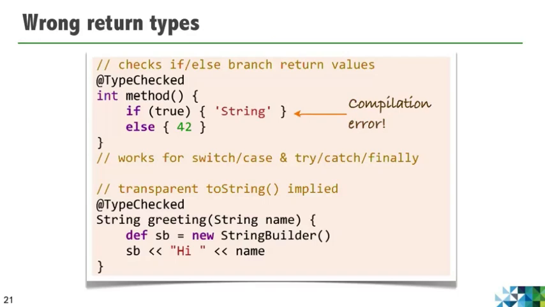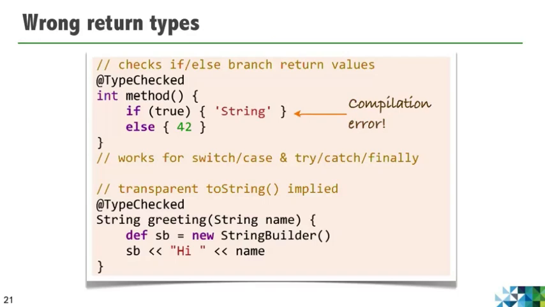But on the other hand, for some Groovy code that is quite usual, for example the second method called greeting, you see I'm using a string builder. I'm using the left shift operator to append some content to that string builder. And each append call actually returns the string builder itself. So the last expression which is evaluated is the one which is returned. It's a string builder.